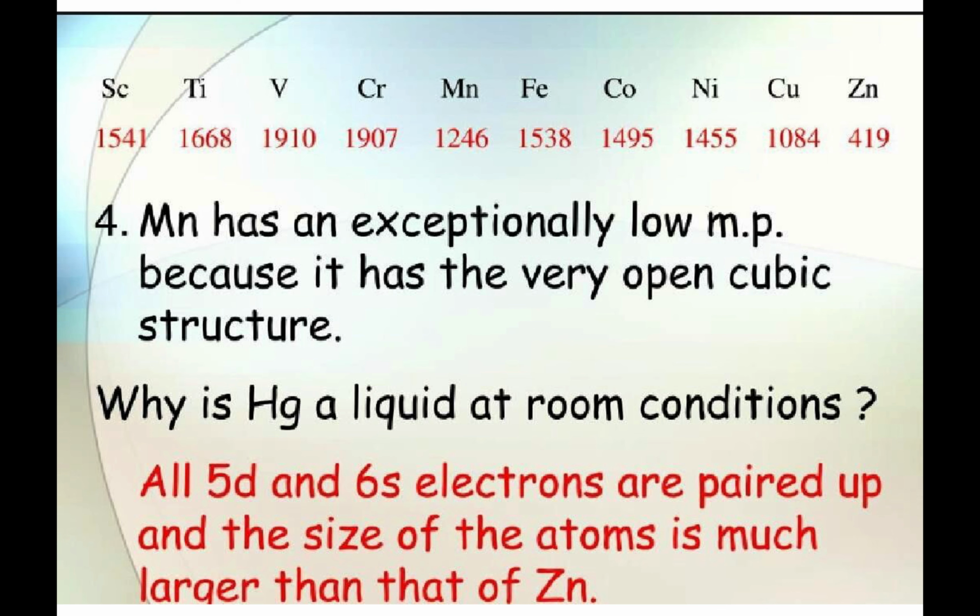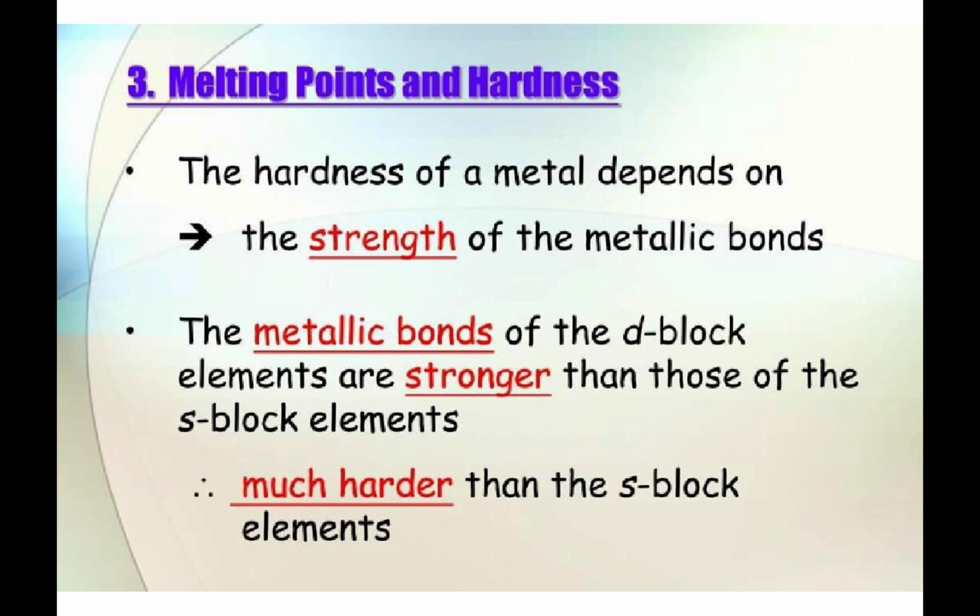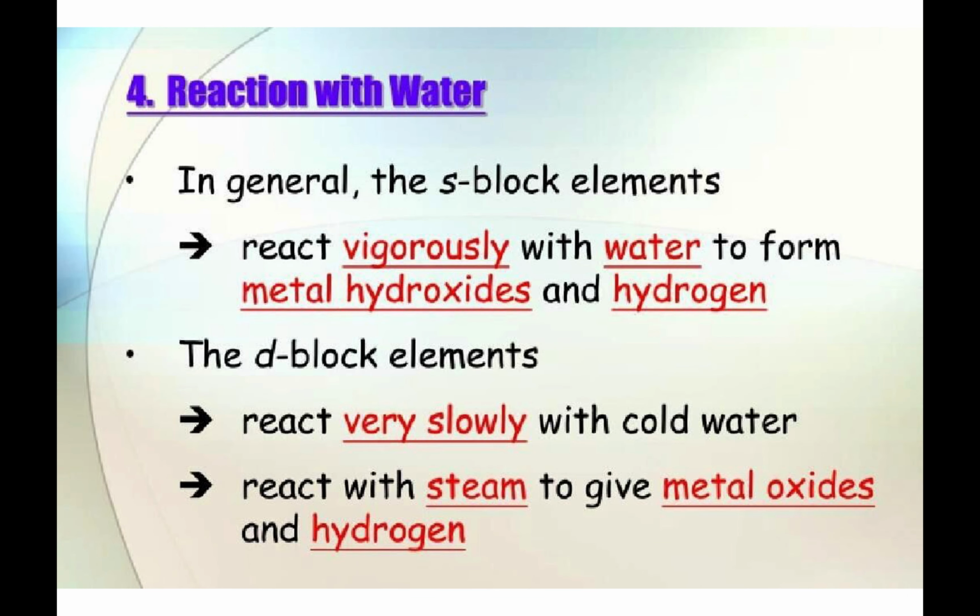Because of these reasons, mercury is a liquid. The hardness of a metal depends on the strength of the metallic bonds, and the metallic bonds of D block elements are stronger than those of S block elements, so they are harder as well.